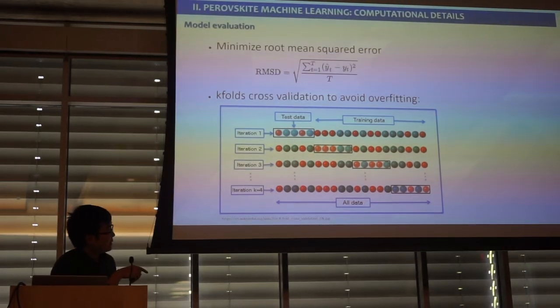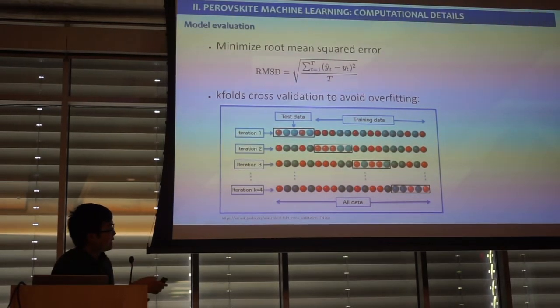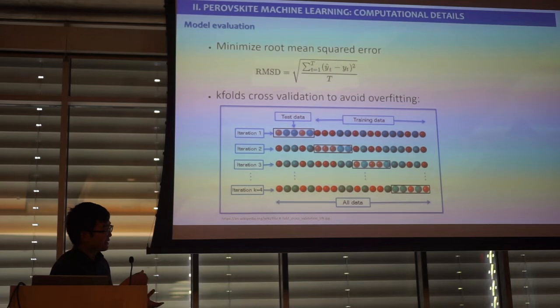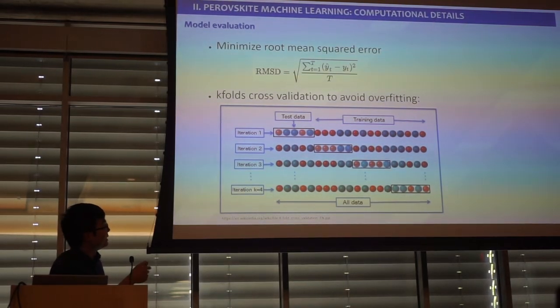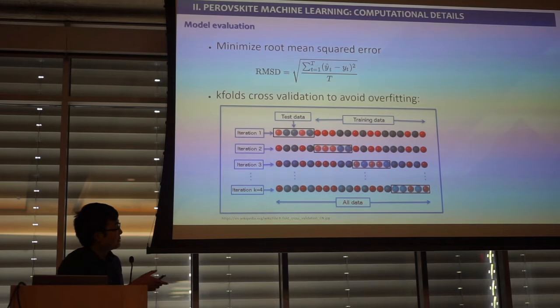So when we do machine learning, we have to divide our data into a set of training data, which the machine learning model digests and uses to identify its parameters to do the fitting. We also have to divide it into a set of test data so that we can evaluate how well our model does on data it's never seen before.